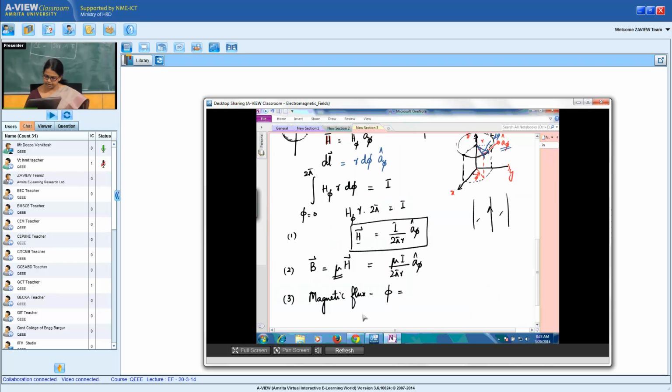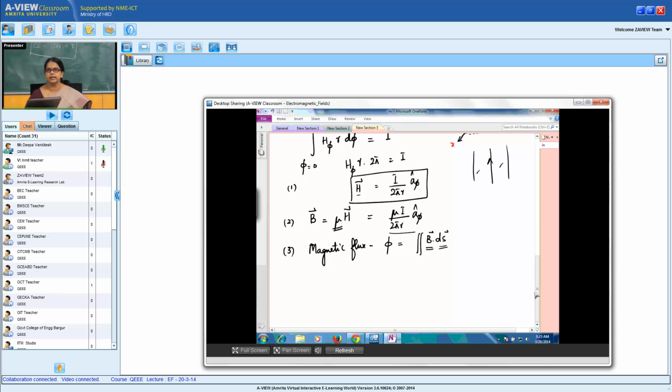What I do is, I have to use the surface integral B dot ds. B now is this. So now my task is to find which is that elemental surface area that I should be looking at. So again, go back to the same diagram.